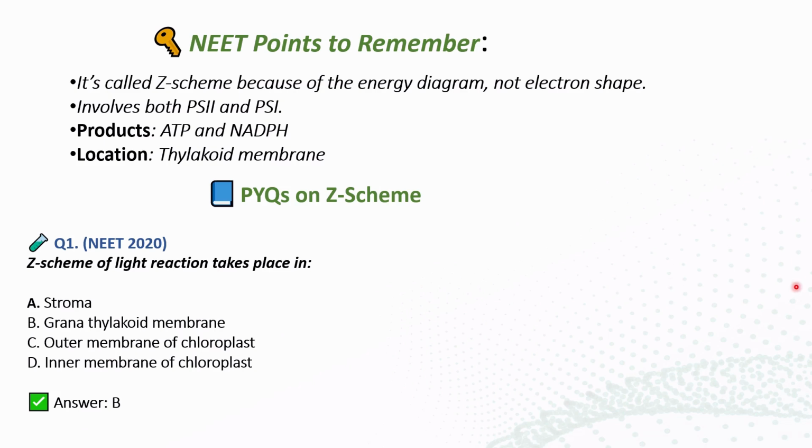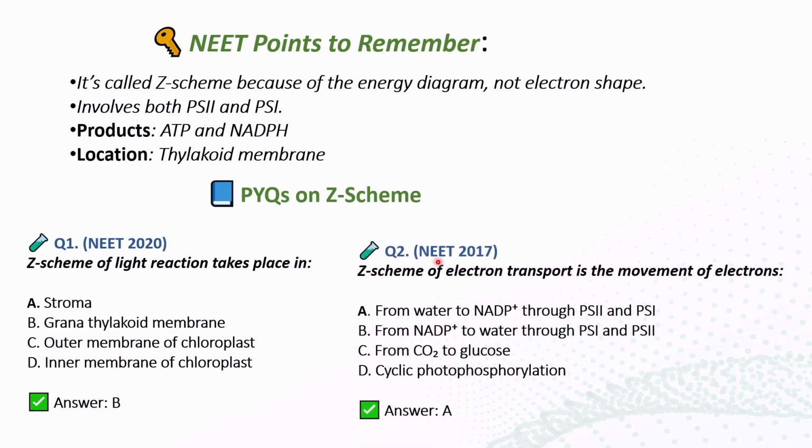If we move on to the next question, it was given in NEET 2017. The question is, the Z scheme of electron transport is the movement of electrons from where to where. They are asking where the movement of electrons takes place from and to.